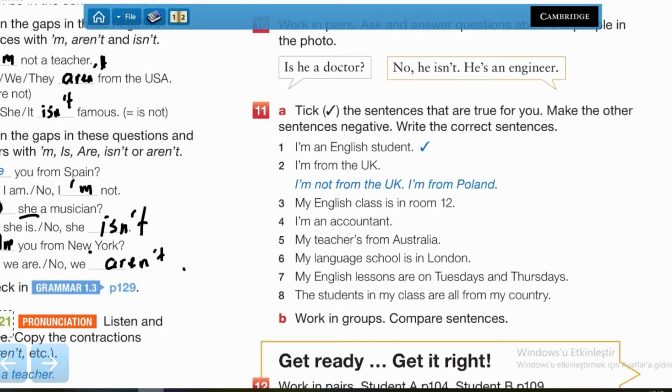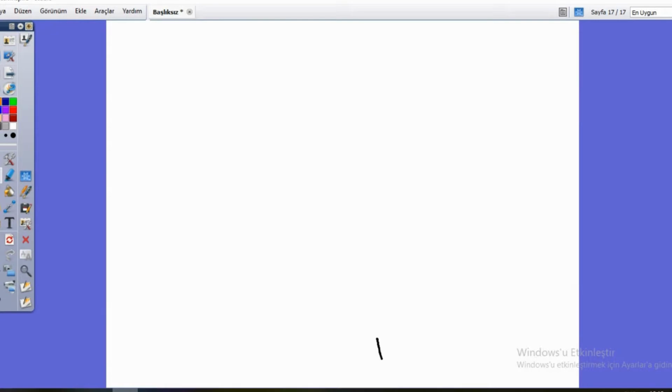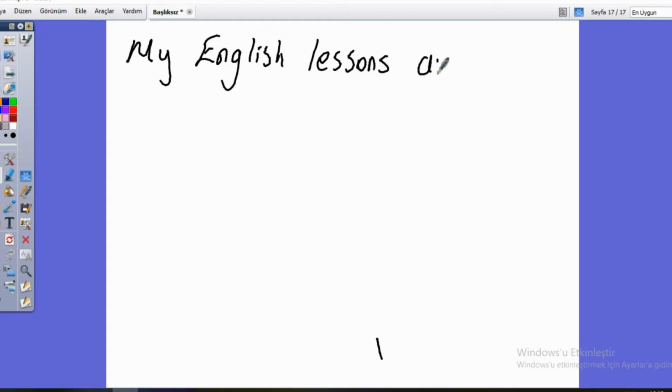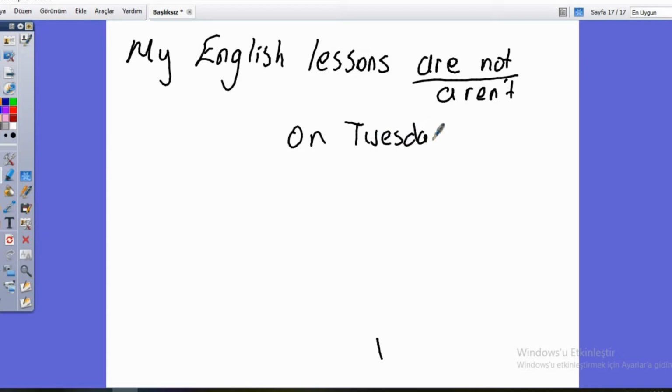And the next one, number 7, my English lessons are on Tuesday and Thursday. So my English lessons aren't on Tuesday and Thursday.